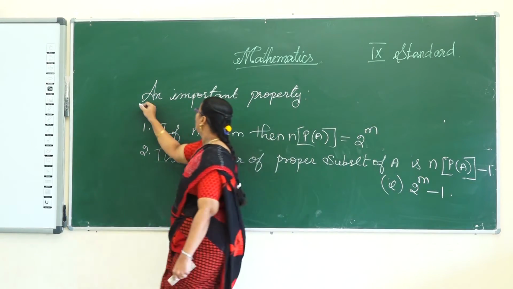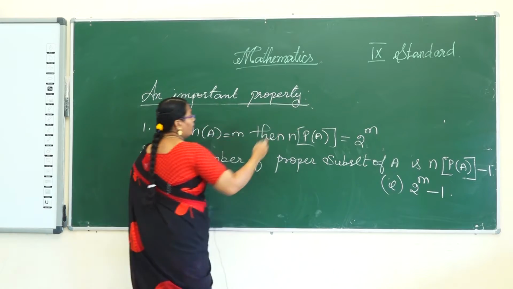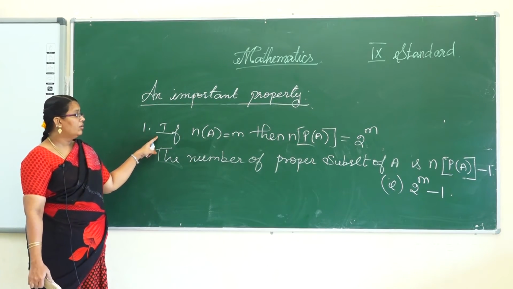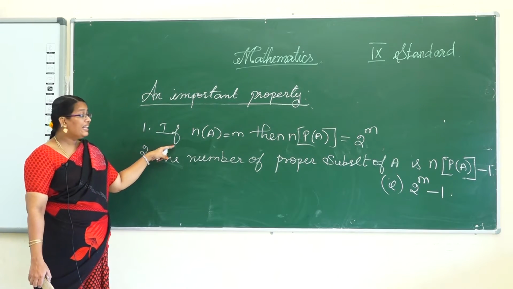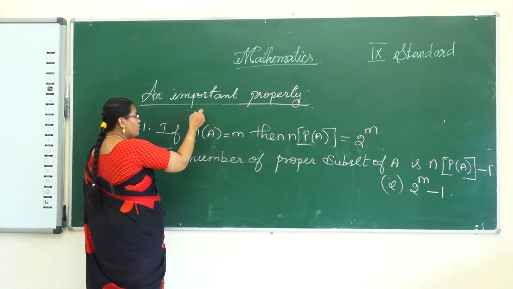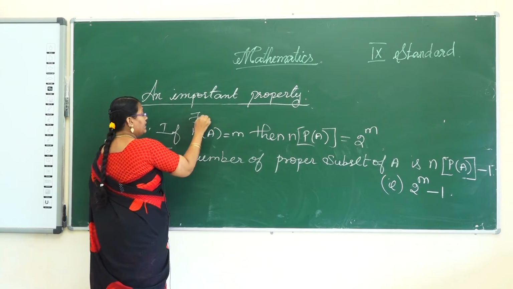These two properties are very important. The first property we use to find the number of subsets.